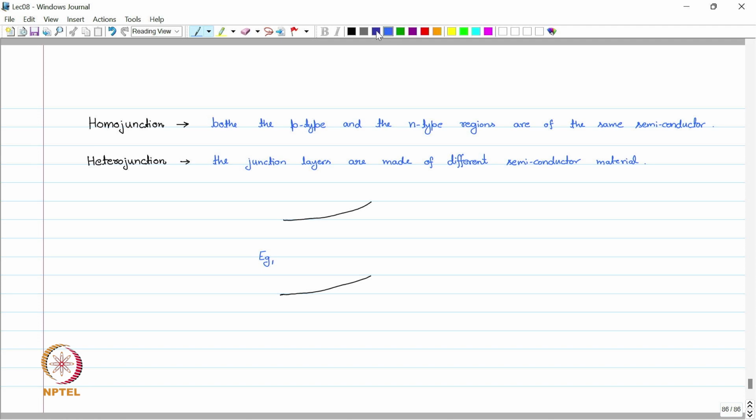On the other side, the band gap is smaller, this is, let's say, Eg2.